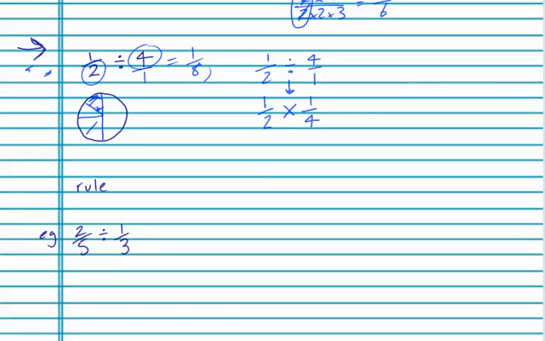Now here I've done 2 opposites then. The opposite of divide is times, and the opposite of 4 over 1 is 1 over 4. So it hasn't actually changed the meaning, but it's made it very easy to do. 1 times 1 is 1, 2 times 4 is 8, and you'll see we get the correct answer, but it's the easiest way to do it.